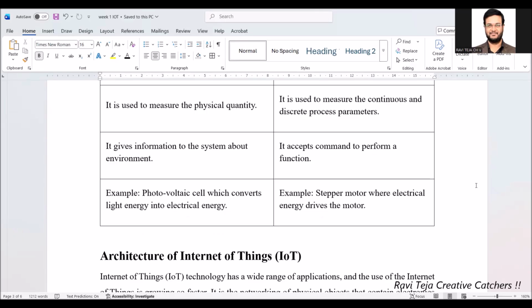This particular photovoltaic cell is generally used in solar panels. So the solar panel acts as a sensor which converts the sunlight energy into electrical energy. Coming to the actuator, the best example is the stepper motor, where electrical energy drives that particular motor.